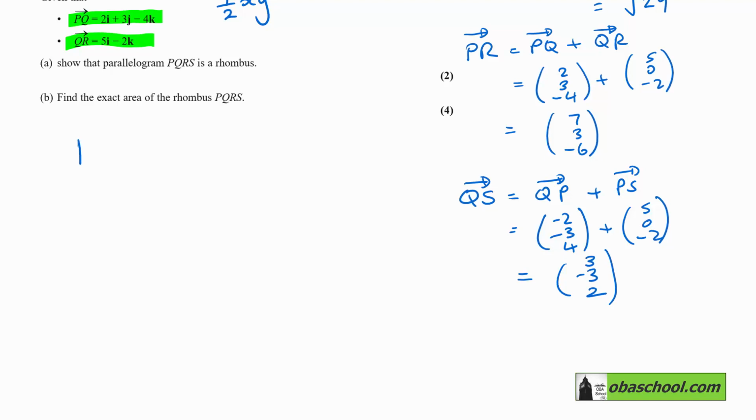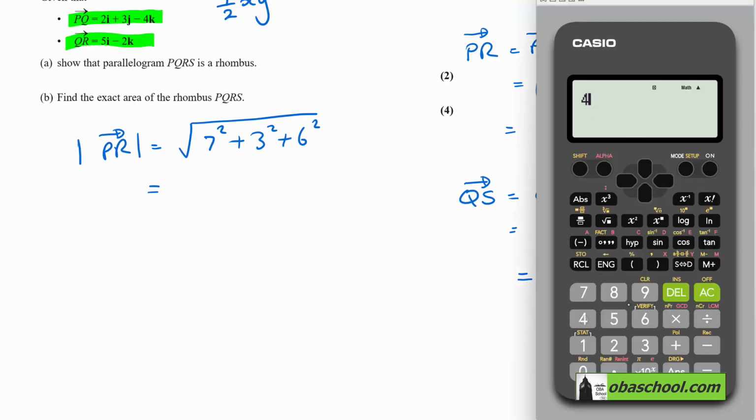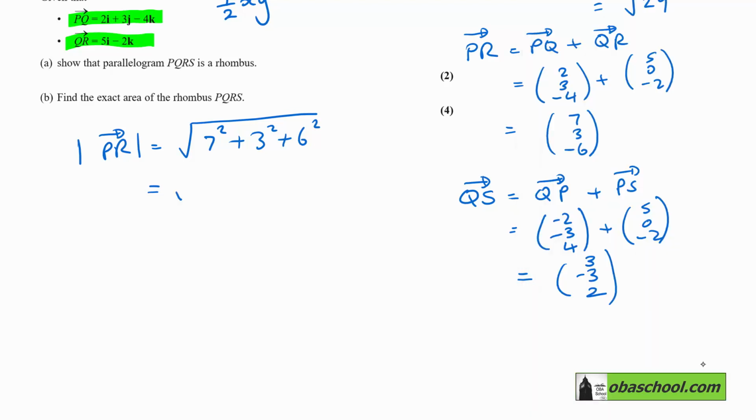So the length of the diagonal PR is going to be the square root of 7 squared plus 3 squared plus 6 squared. And so we'll just work that out on the calculator. So that is going to be 49, add 9, add 36, root 94.